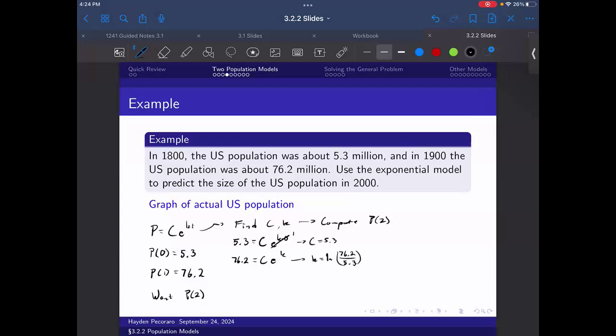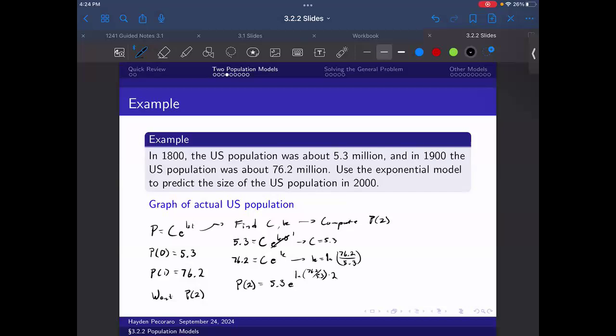Now, I am 100% certain that at least a few of you tried to compute this number using your calculators. If you got that point, you probably want to get a decimal out. You don't have to do that at all. Watch what happens next. P of 2 is 5.3 e to the natural log 76.2 over 5.3 times 2.